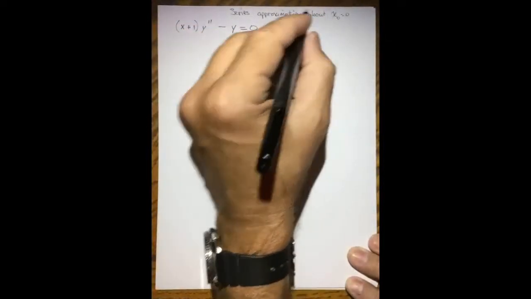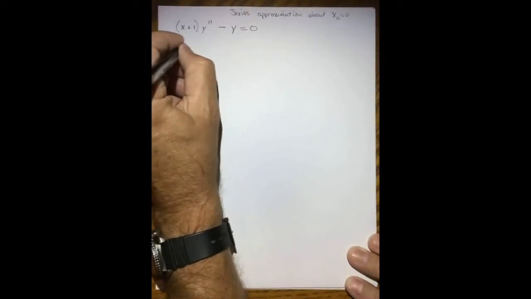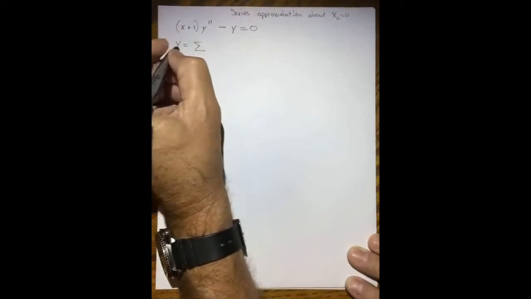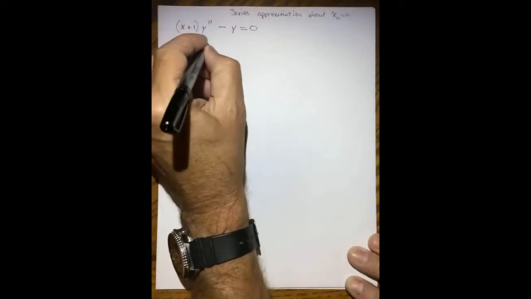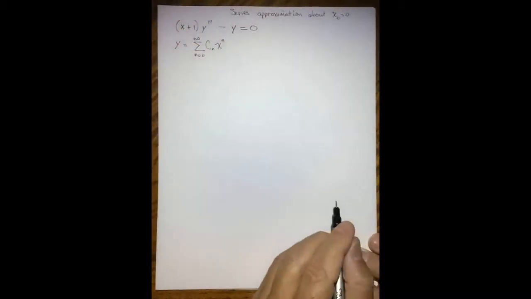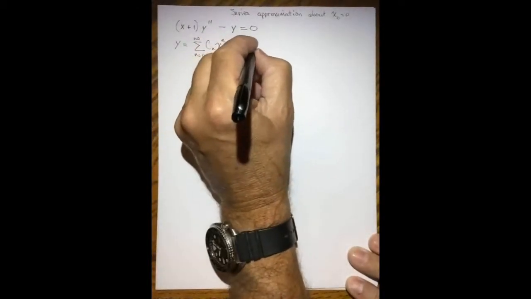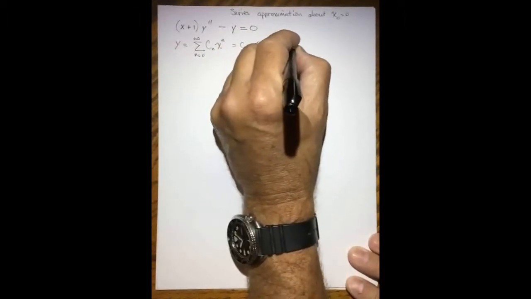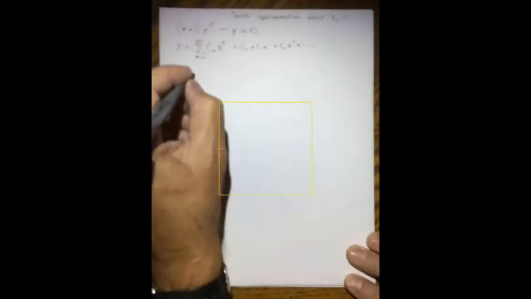So we're going to do an expansion around x sub 0. So we're assuming that the answer looks like this series: sum n equals 0 to infinity, c sub n, x to the power of n. And just remember, this would be c0 plus c1 x plus c2 x squared, on and on.